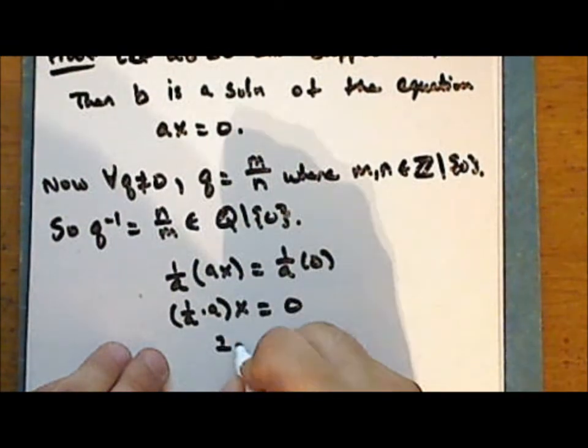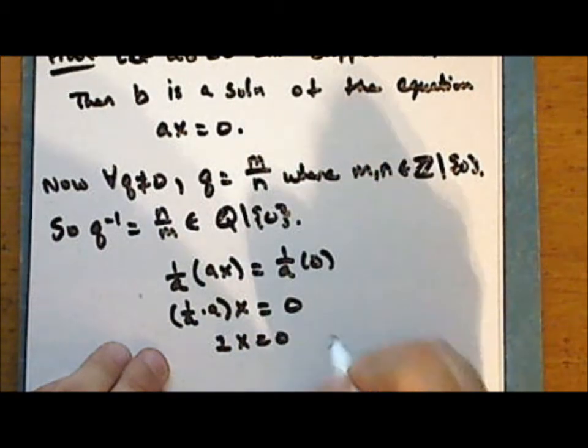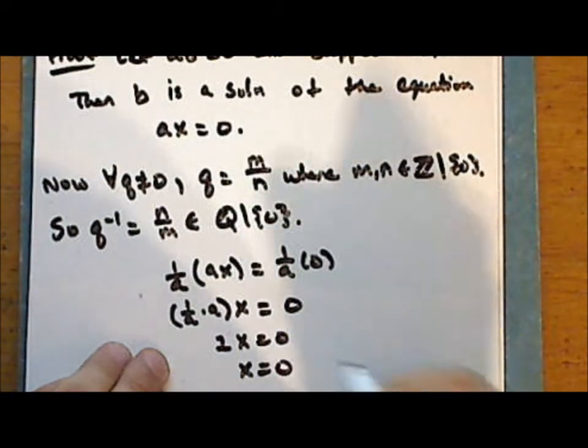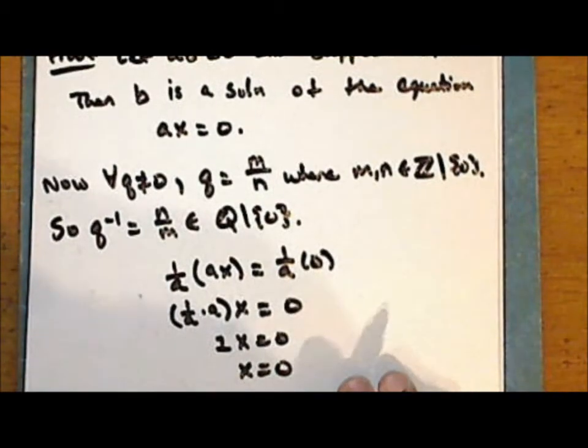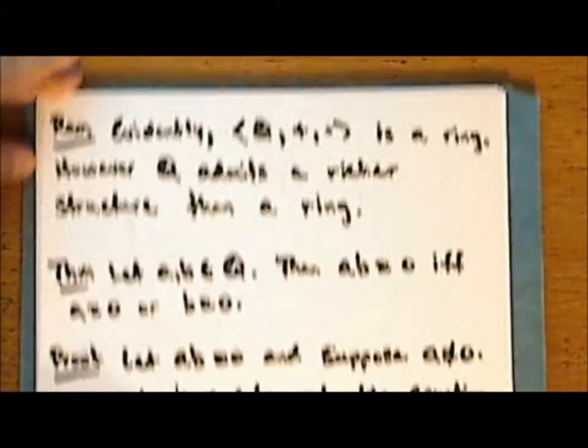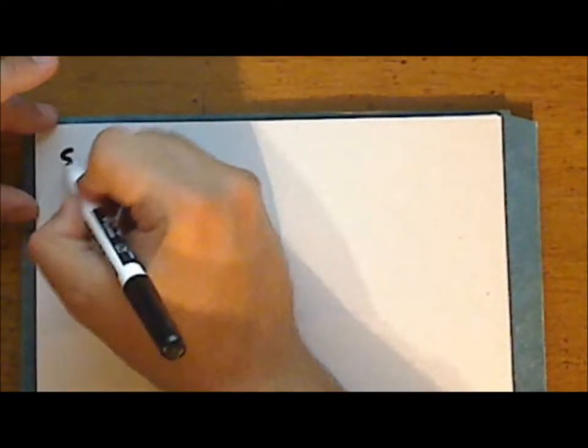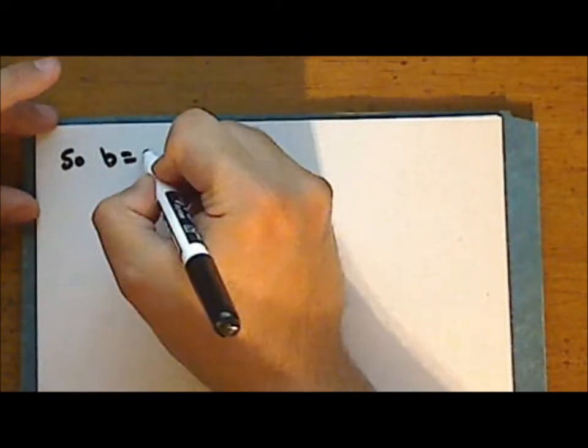And so we simply have 1 times x equals 0, or x equals 0. This is the entire solution set. And so the rational number b must be 0.